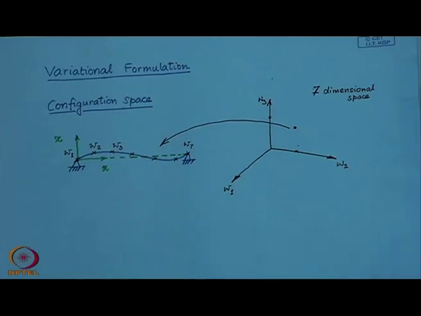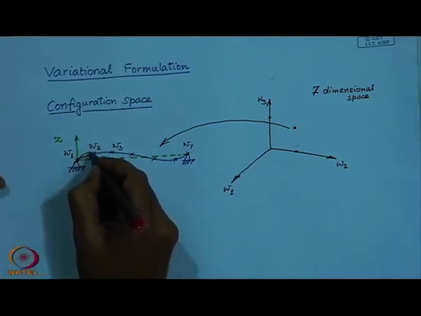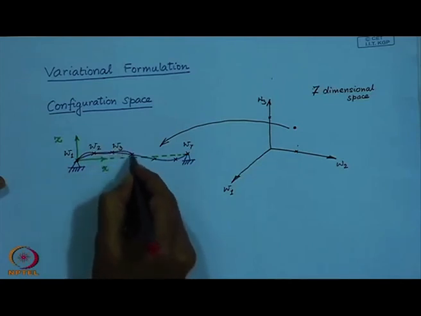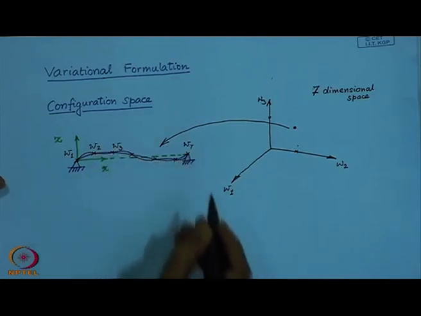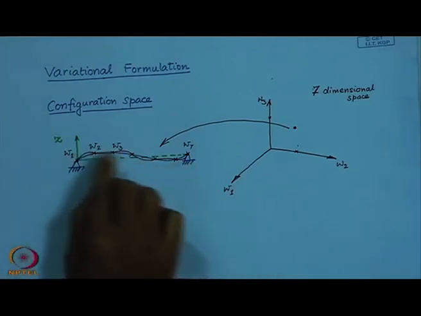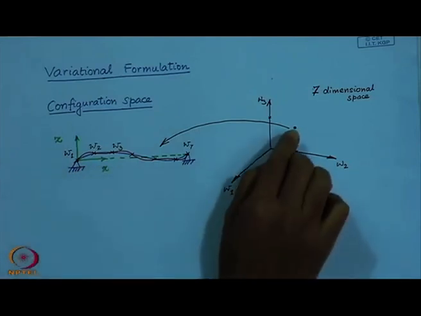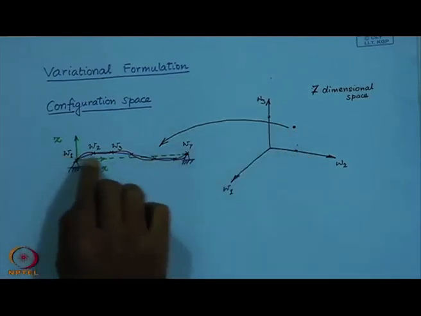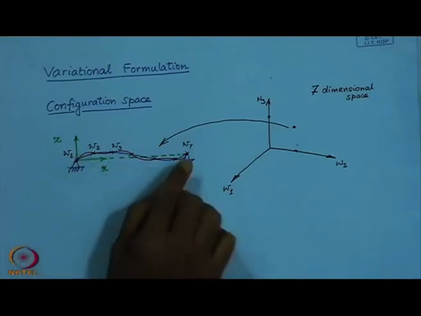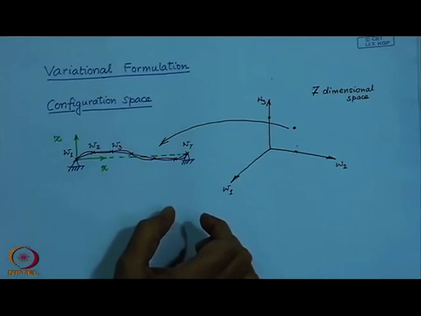But suppose now this string is actually like this. Then also, these 7 points have the same locations. I have drawn this red configuration of the string very carefully, so that this point in the 7-dimensional space is the configuration of the string, but we can see from this figure that it is not exactly the same as the previous configuration, the blue configuration.